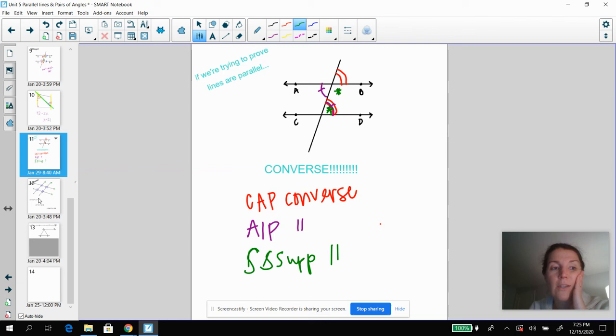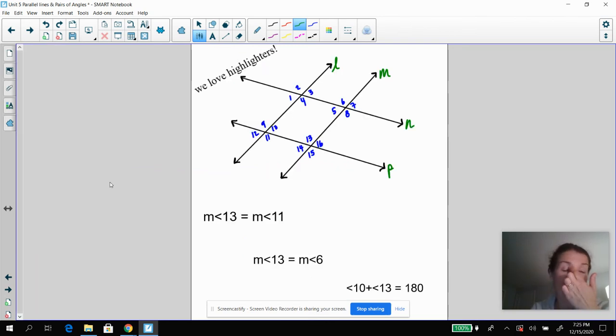Excellent. All right, so now I want to take a peek at this. So I think this is really fun. So when you're given problems like this, what you're trying to do is you're trying to figure out which two lines are parallel to each other. So let's say I told you that the measurement of angle 13 and the measurement of angle 11, those guys are equal to each other. So I've got angle 11 and angle 13. So do you see how I highlighted both of those?